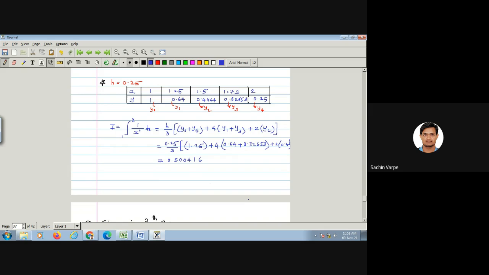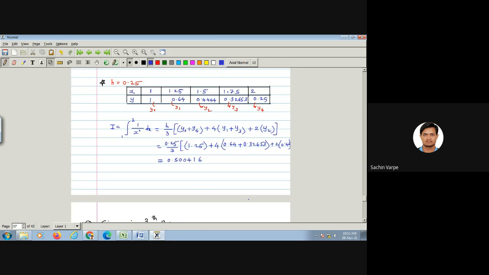Yes, any doubt, any questions in the solution? Actually, let me ask you one question. What is the basic difference between the trapezoidal rule and Simpson's one-third?